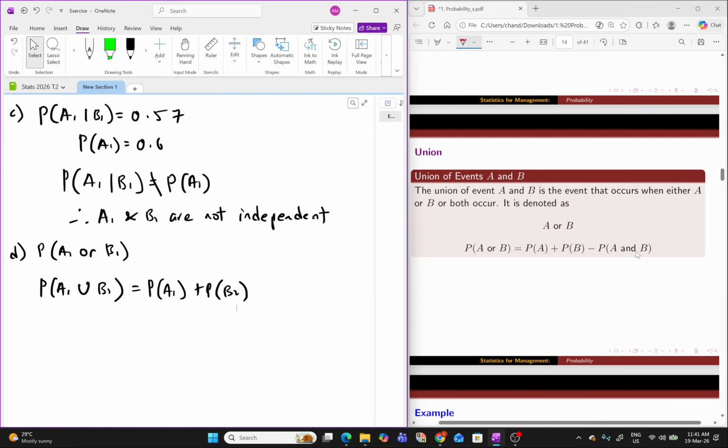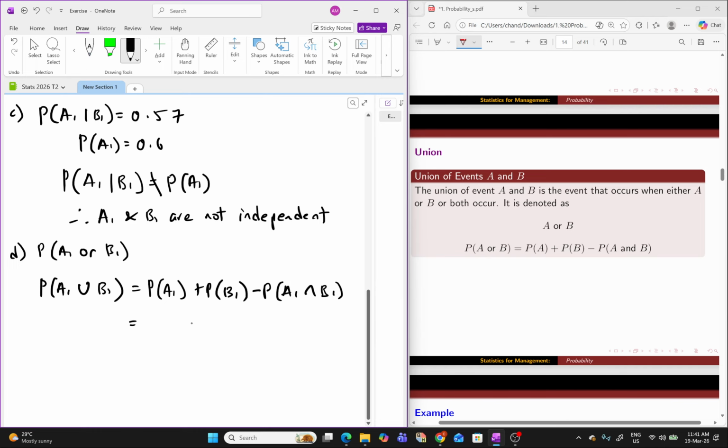You can see this formula here. P(A1) plus P(B1) minus P(A1 intersect B1). N is intersect, O is union. That's the notation.